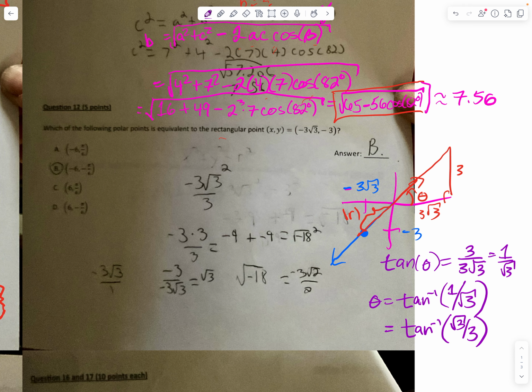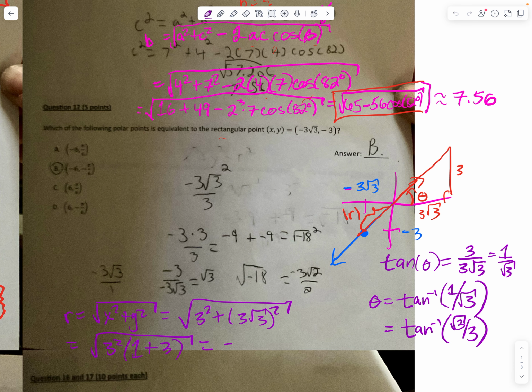Now what's r? Well, square root of x squared plus y squared, or adjacent squared plus opposite squared: 3 squared plus 3 root 3 squared, all under the root. I'm going to factor the 3 squared out. What's this? So 1, and then root 3 times root 3 is 3. Right? The squareds.